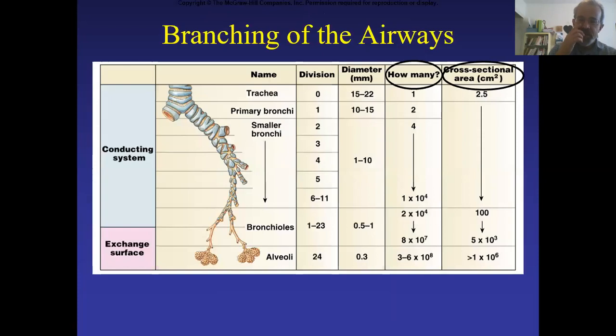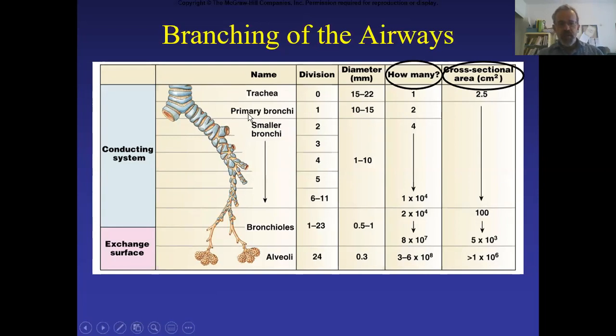All right. So just to give you an idea of the surface area or the cross-sectional area, we can take a look at the different parts of the respiratory tract and also the numbers of these different parts. If you take a look, first of all, we have the trachea. Obviously, we have the nose and other things and the larynx, but let's start with the trachea. We have one trachea, right? It has roughly a cross-sectional area of 2.5 square centimeters.